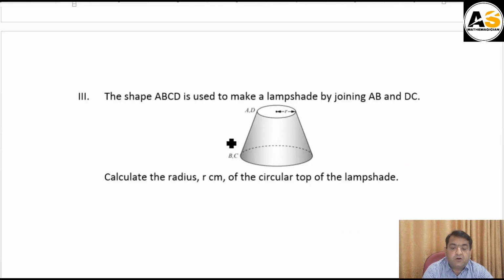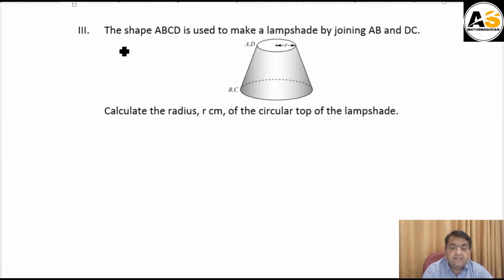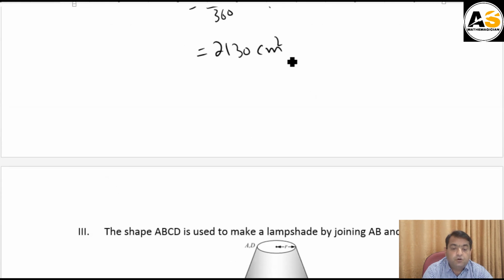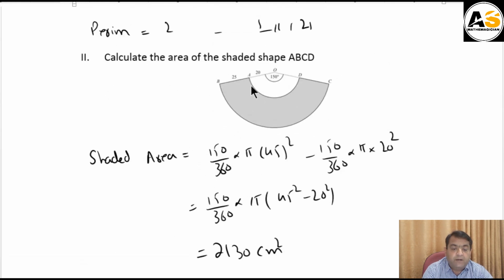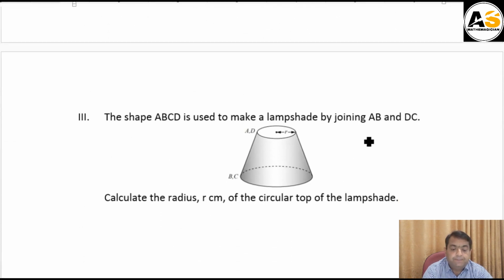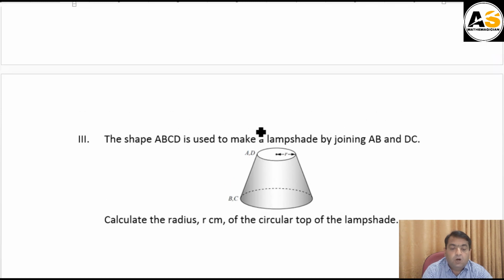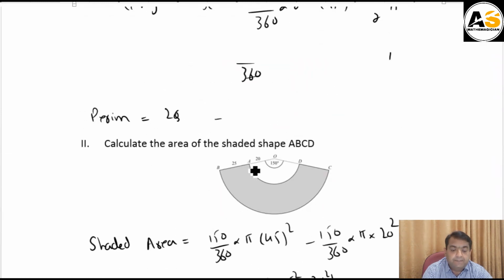The last part of today's class: this shape ABCD is used by joining A to B, A to D and B to C. We form this lampshade. A and D are joined and B and C are joined. So we have to find the radius of the circular top of the lampshade. This circumference is equal to arc length AD.